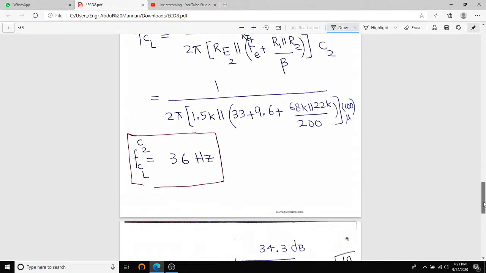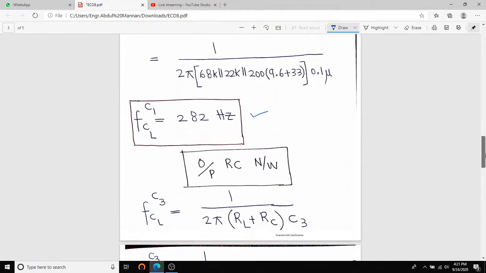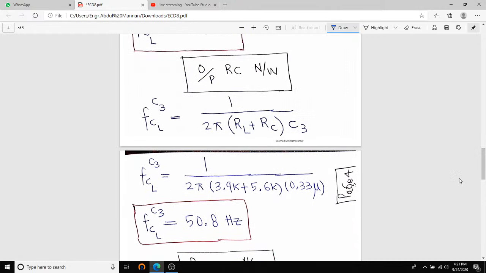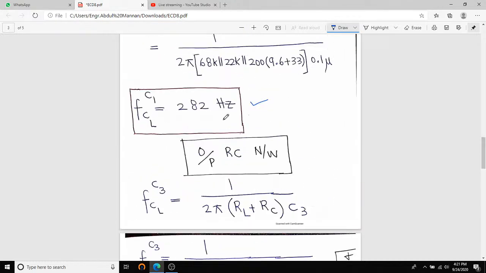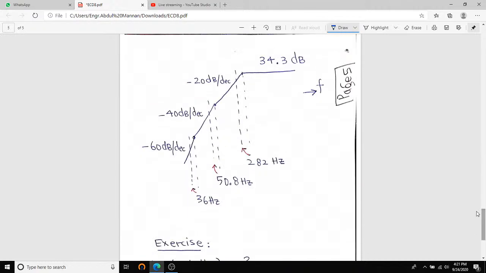Now we have due to bypass capacitor 36 hertz, due to the output coupling capacitor 50.8 hertz, and due to the input coupling capacitor 282 hertz. This is the largest value. So putting this in the form of a graph, 34.3 dB is the midband gain. At this point this is 282 hertz, and the roll off is minus 20 dBs per decade, and at this point this is 50.8 hertz.